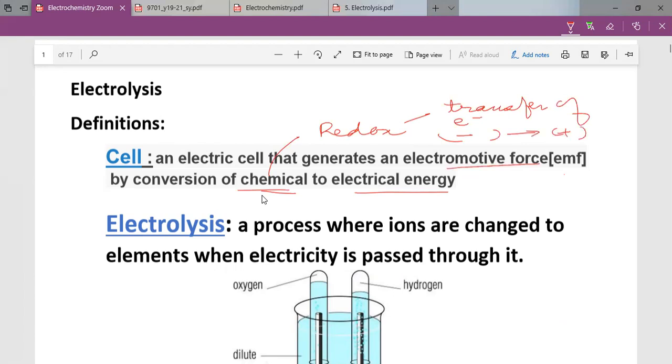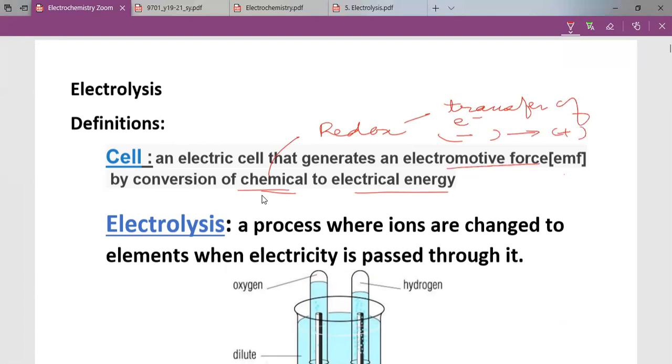Now, electrolysis is a process with ions in the electrolyte. This is all Form 5. The electrolyte changes into elements, that means from the ions, positive and negative, to charge 0. Elements are charge 0, when electricity is passed through it. This is very important, that means there must be a source of energy.